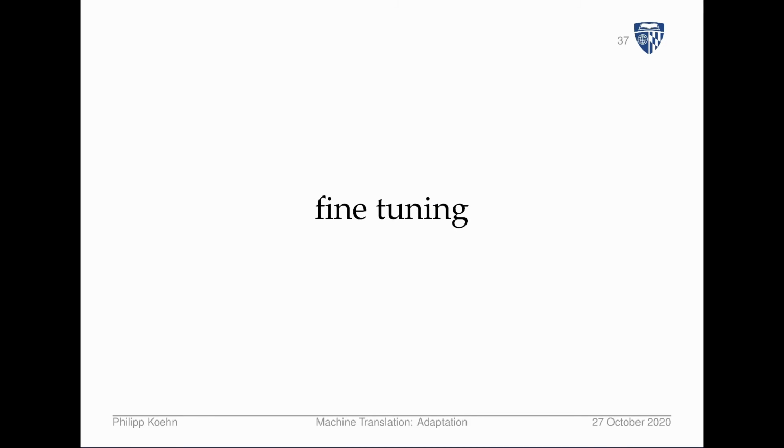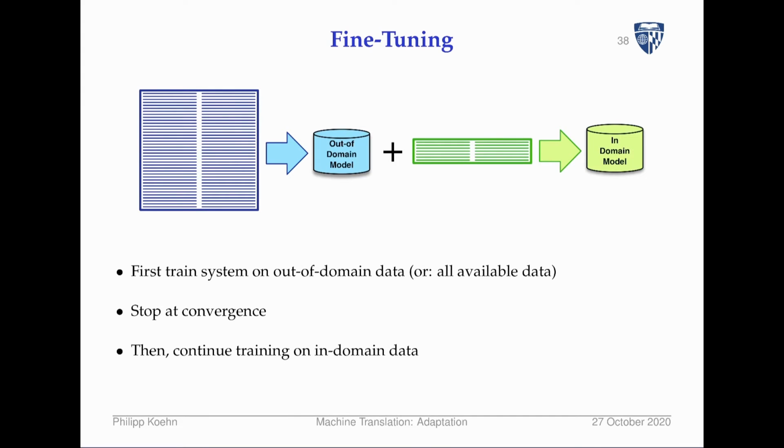Okay, now the final set of solutions, which is really the most established method these days, is fine-tuning, which has some benefits and some disadvantages over the things we just talked about. So here's the idea. You first take all the data, or just the out-of-domain data, and train a big model.